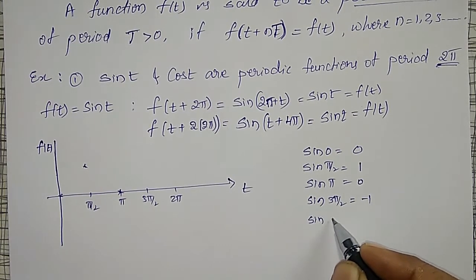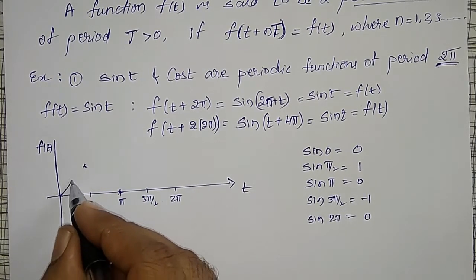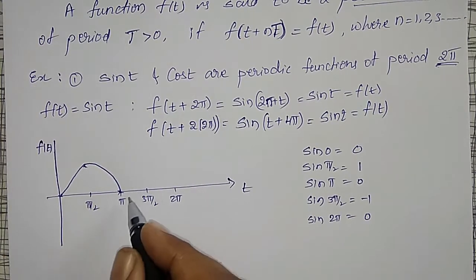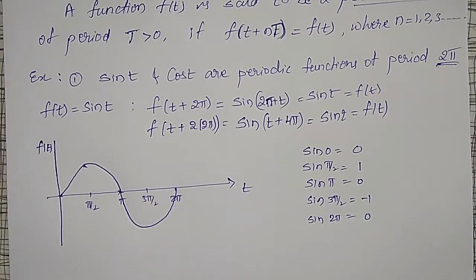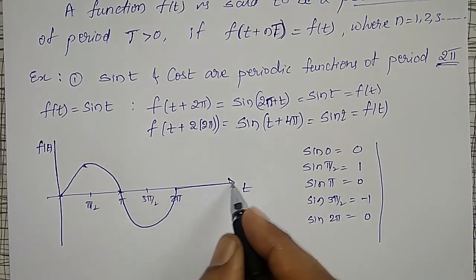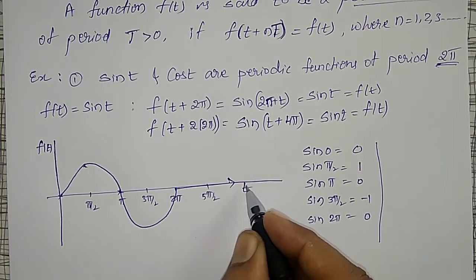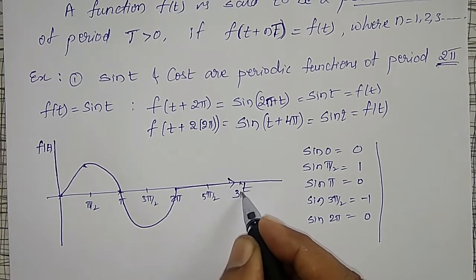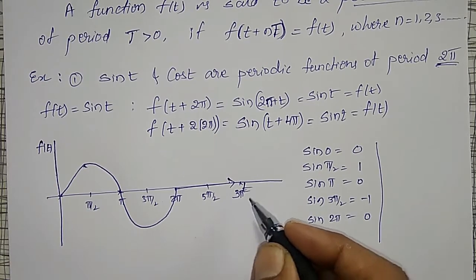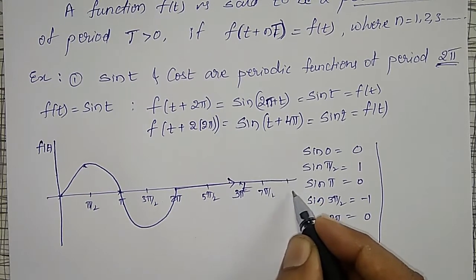Sine of 2 pi is again equal to 0. This is my sine wave, for one period, 0 to 2 pi, one period. Like that, if I repeat this, next is 5 pi by 2, after that 3 pi, next 7 pi by 2 and next 4 pi.